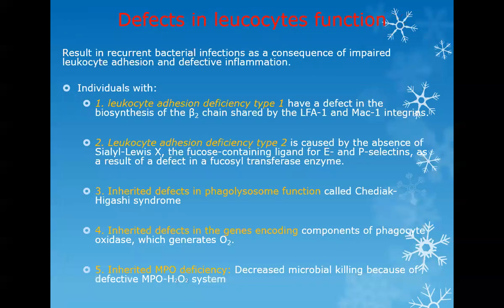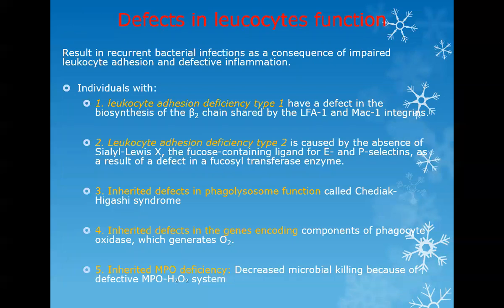Number 2, leukocyte adhesion deficiency type 2. In the absence of sialyl Lewis X, the fucose containing ligand for E and P selectin, resulting from a defect in the fucosyltransferase enzyme. Here, the fucosyltransferase enzyme is not there, so sialyl Lewis X is not produced. What will happen?